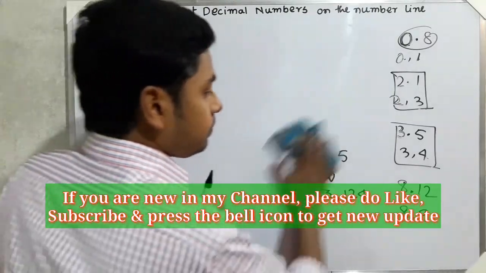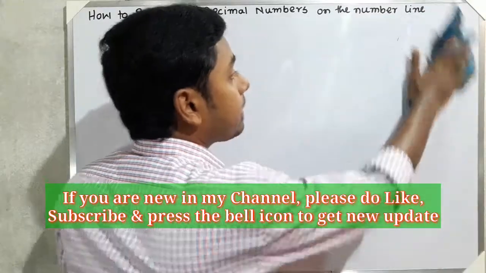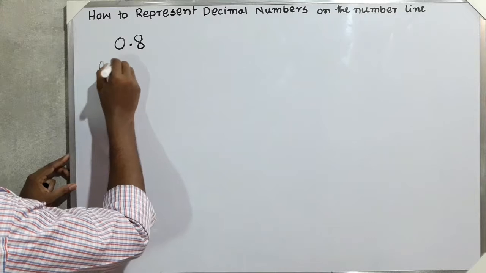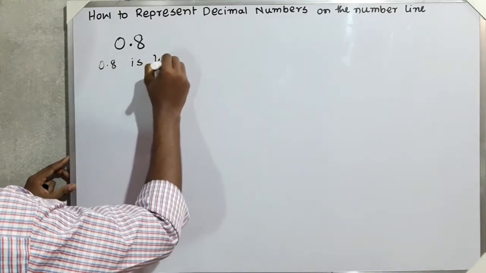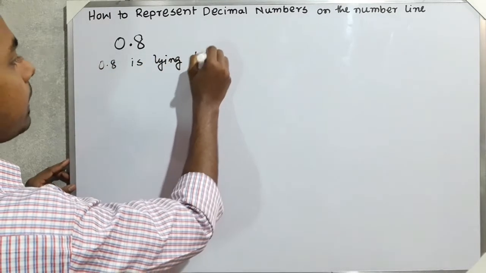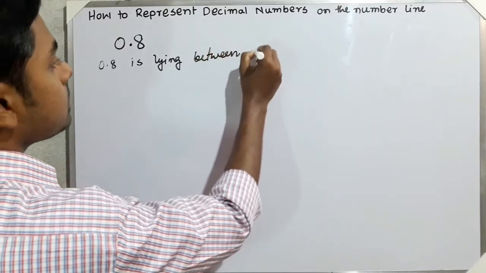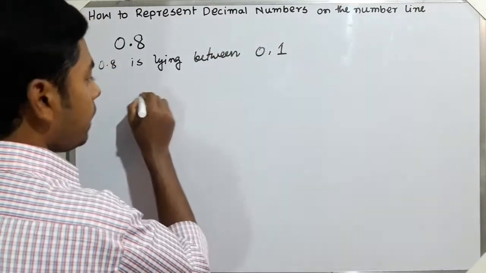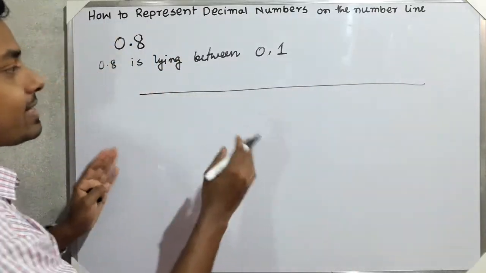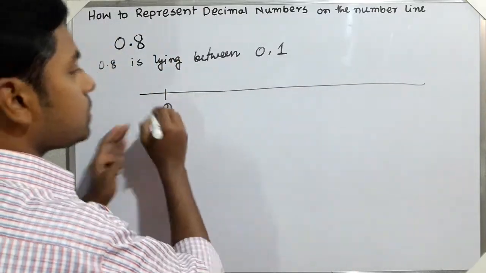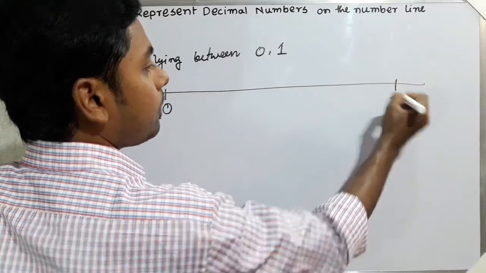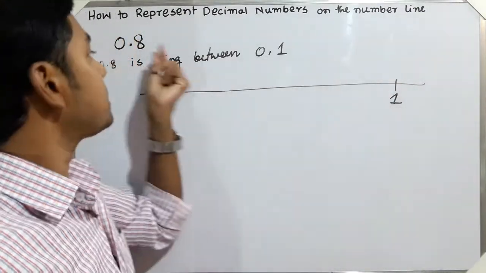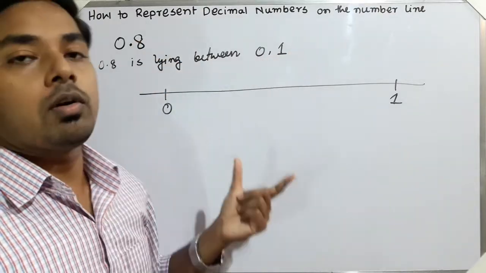So clearly we can tell 0.8 is lying between 0 and 1. So 0 and 1 means we will make the distance only from 0 to 1, because this number will lie between 0 and 1.